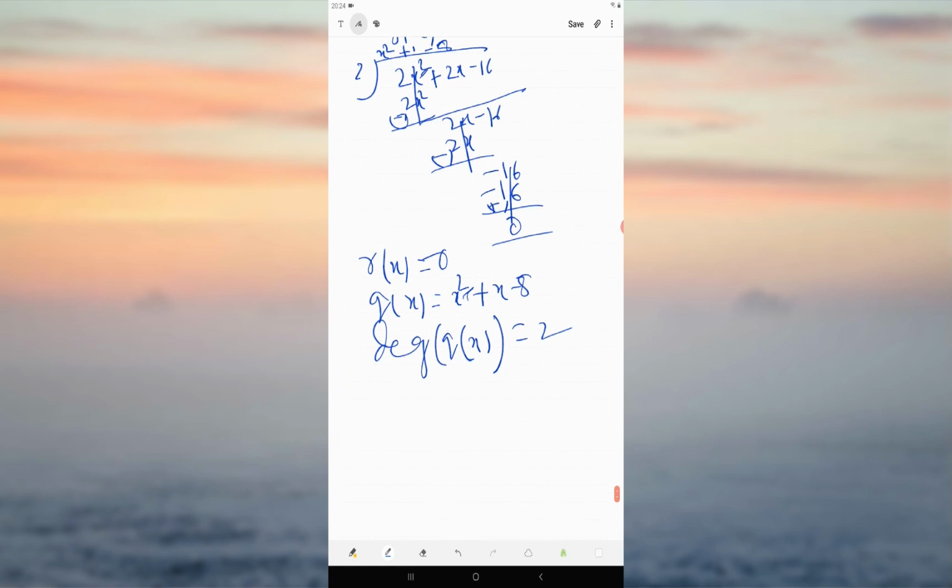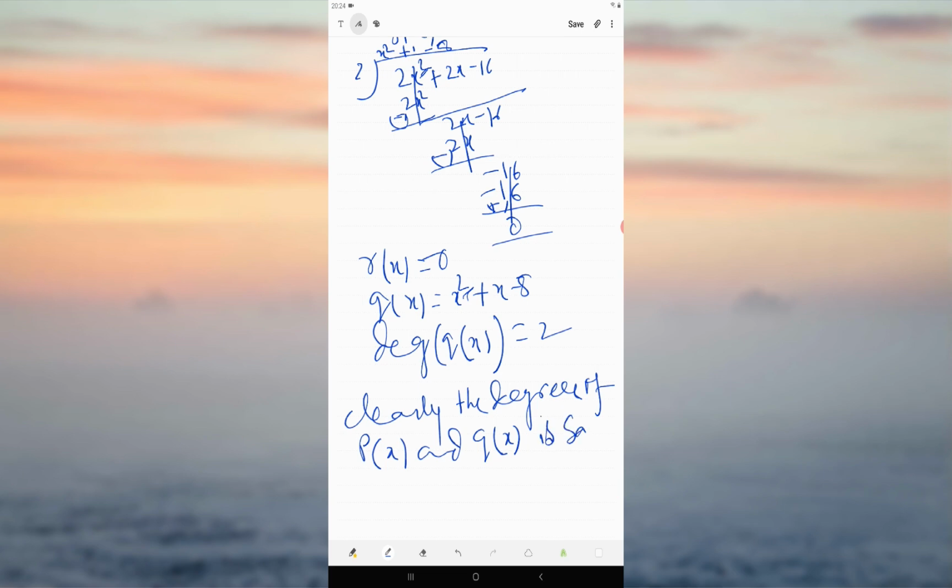So clearly the degree of p(x) and q(x) is the same, which is 2, correct?